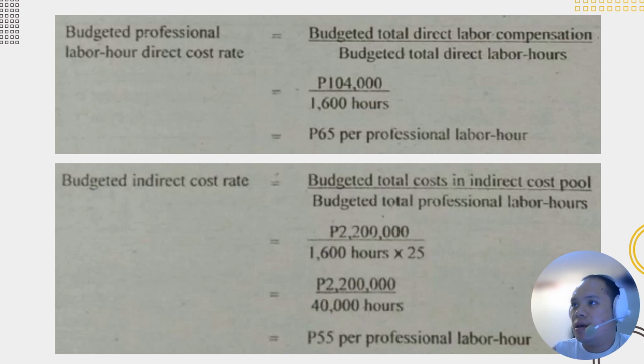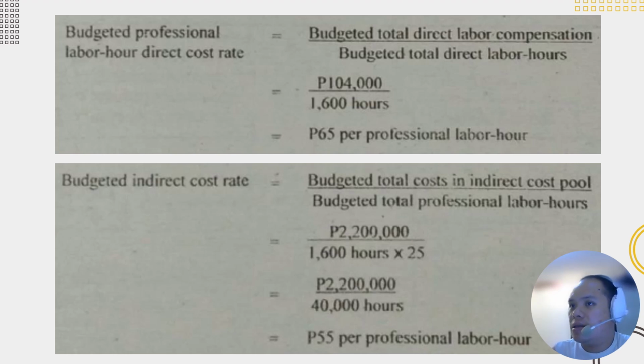Since the direct labor compensation based on the problem is 104,000, we put in the numerator the budgeted total direct labor compensation, which is 104,000, over the allocation base, which is the direct labor hours, 1,600 hours, to get the rate per professional labor hour. That is the budgeted professional labor hour direct cost rate.